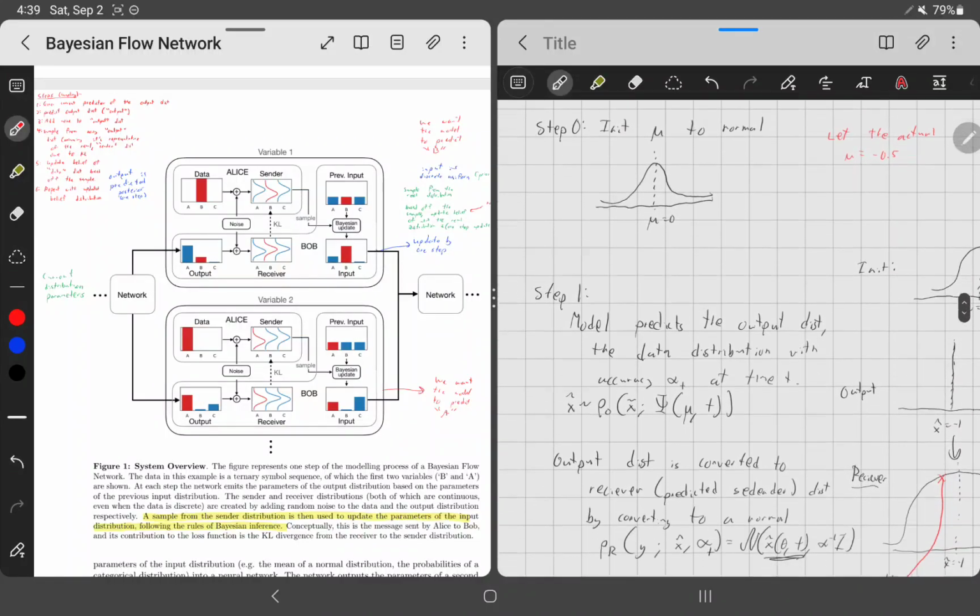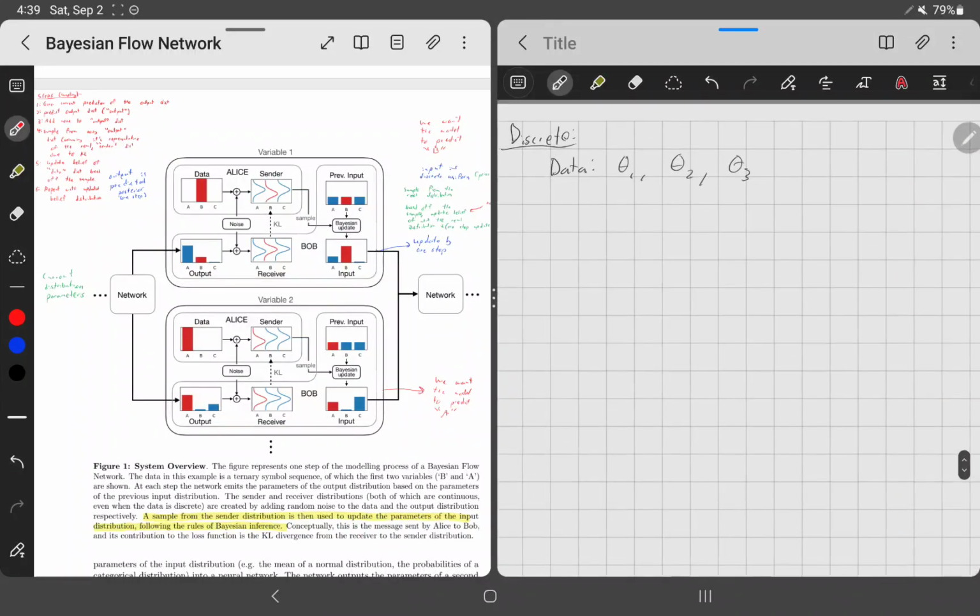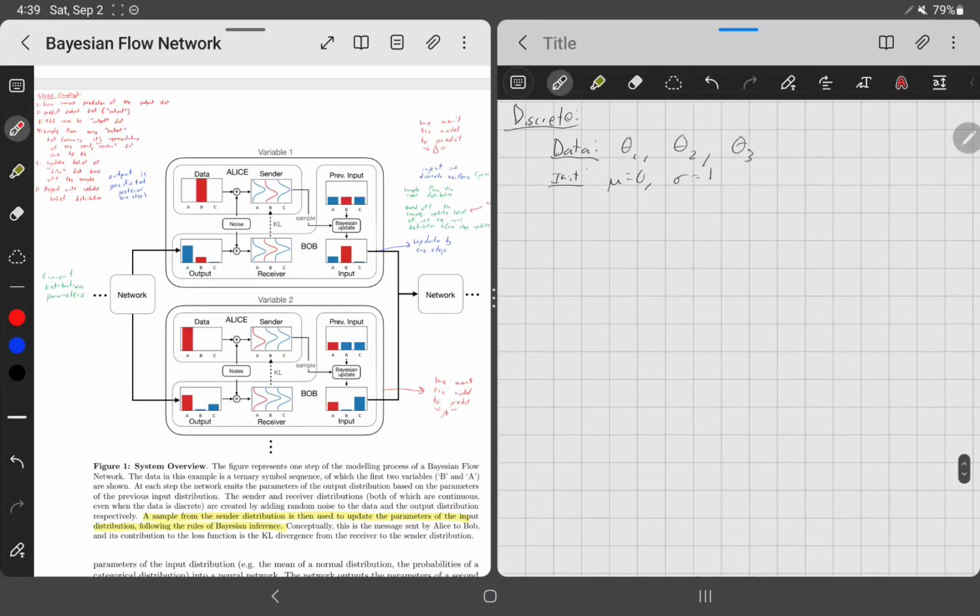In a continuous case, you can just use one variable, the mean, and the standard deviation, which you can define by the time step, but this is different. You also initialize a continuous distribution, which is going to be a normal distribution. So this is an initialized normal distribution, and these are initialized parameters, which can be uniform, or maybe you use random values.